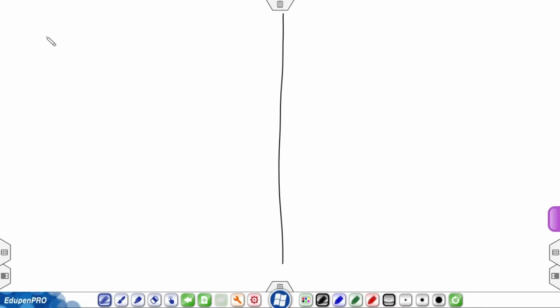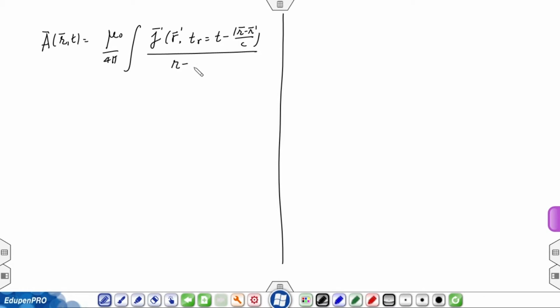So, I have A r t equals mu 0 over 4 pi integration J r prime t retarded, which is t minus mod r minus r prime over C, over r minus r prime dot n d v prime.